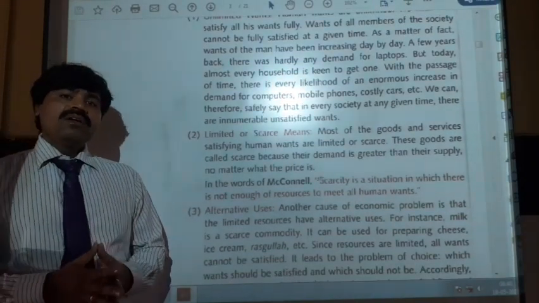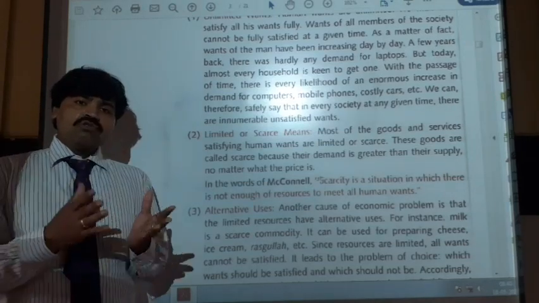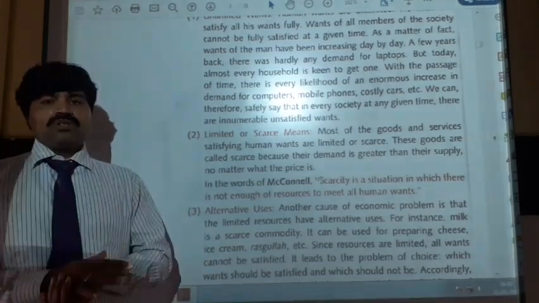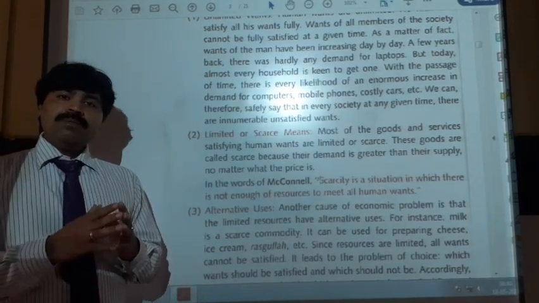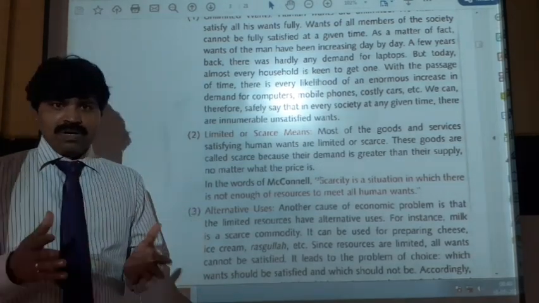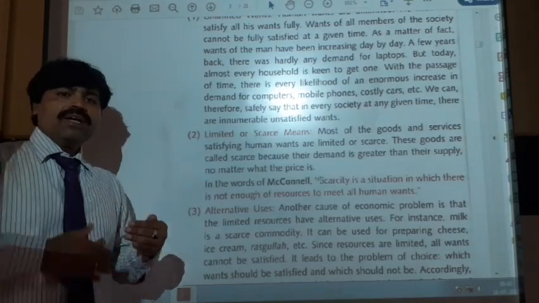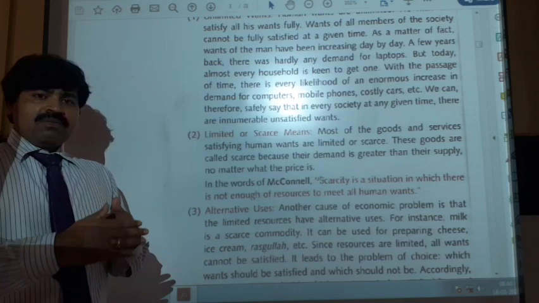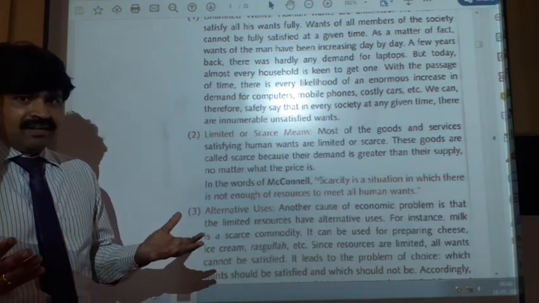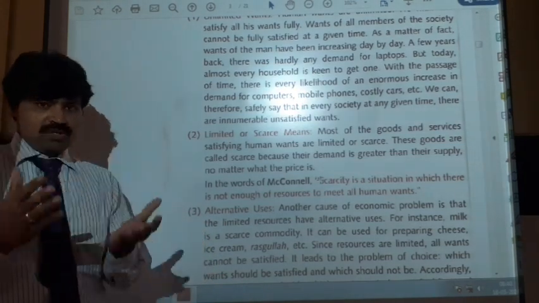We have not so much resources that we can fulfill all the desires of our population, of our people, to the extended desire. We have not sufficient resources.